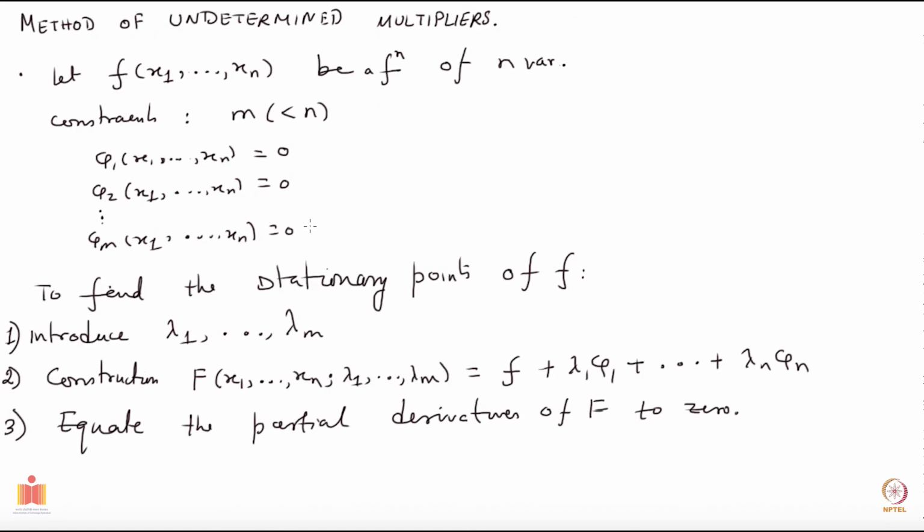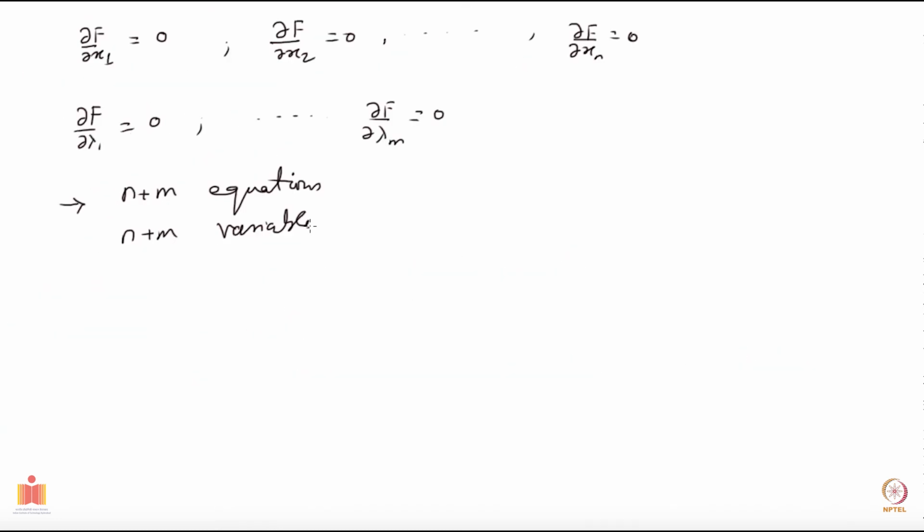So let's go back. Let's see what delta F over delta lambda i gives, putting lambda i generically. This gives you phi i. When I equate it to 0, this is the condition I had originally. So these are m equations, and I have phi i equal to 0 coming from here.